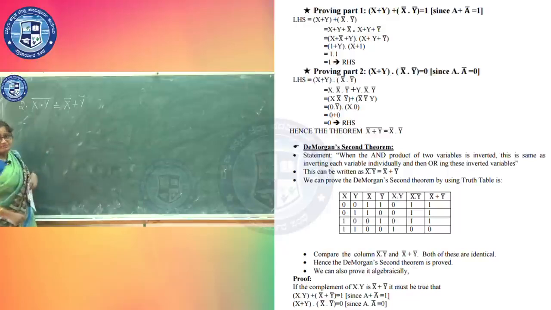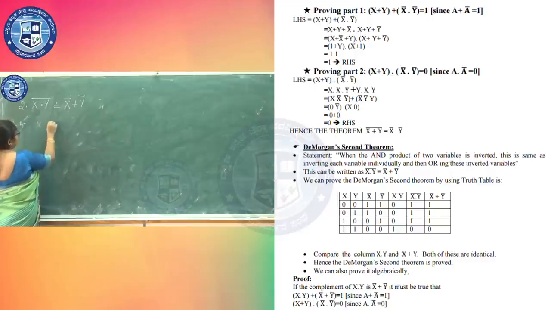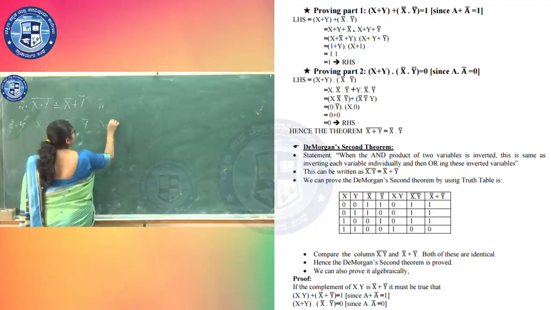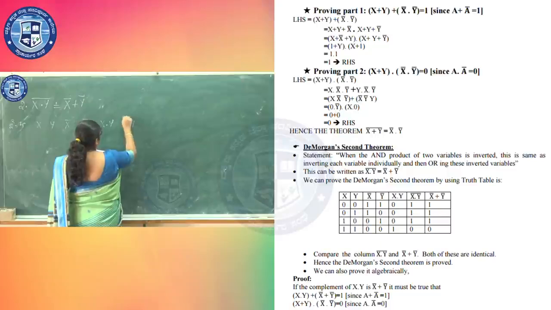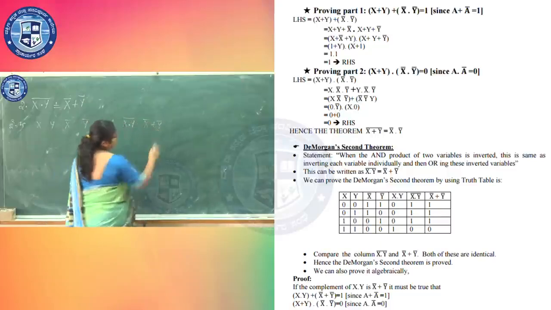We have two variables, so 2 to the power of 2, which is 4 rows. What columns do we need? First an x column, a y column, an x dash, a y dash, x into y whole dash, and x dash plus y dash.